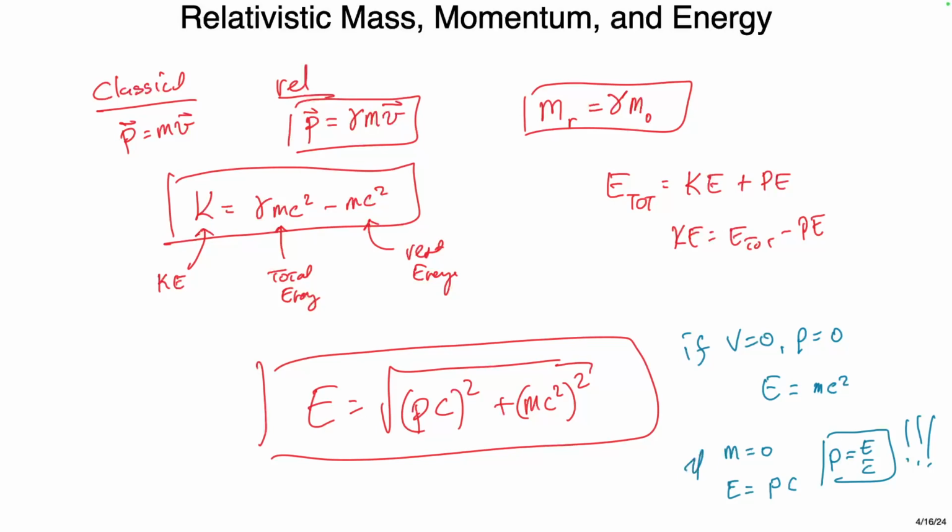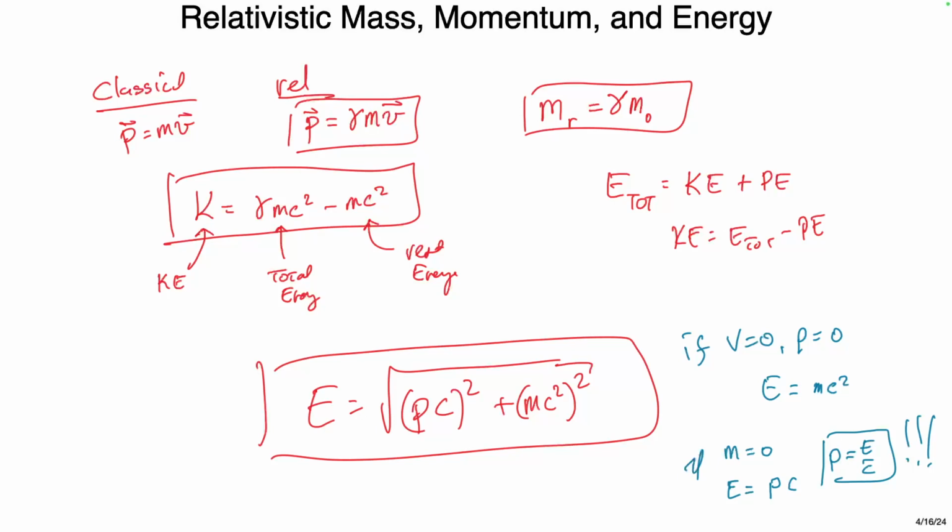What's momentum? It's mass in motion. Mass times velocity. The m is there, isn't it? Is this 0? Does light have energy?